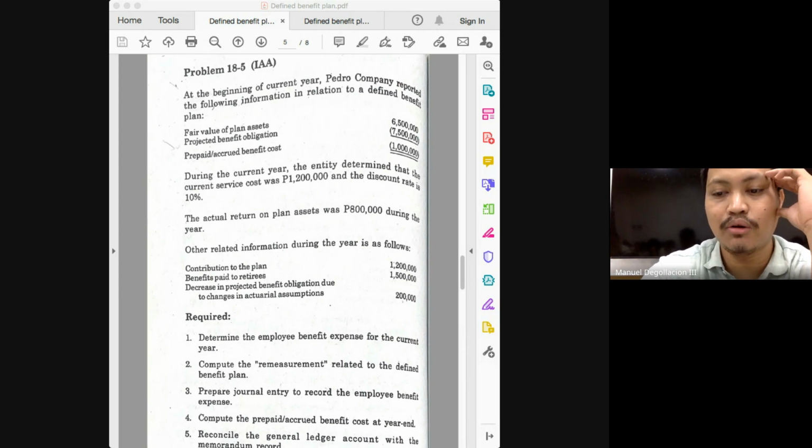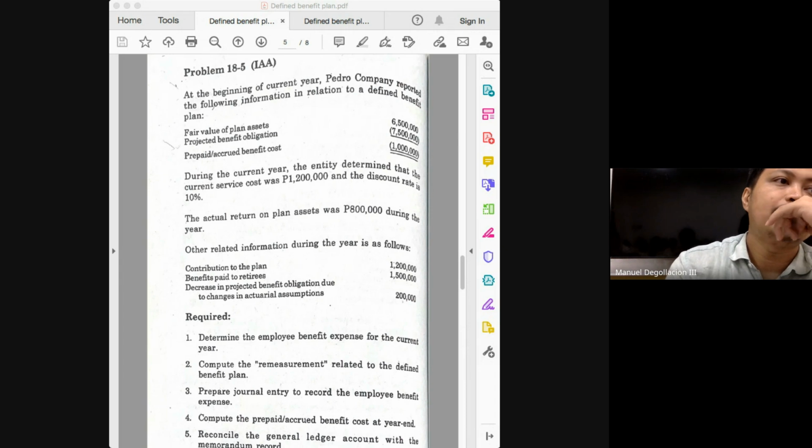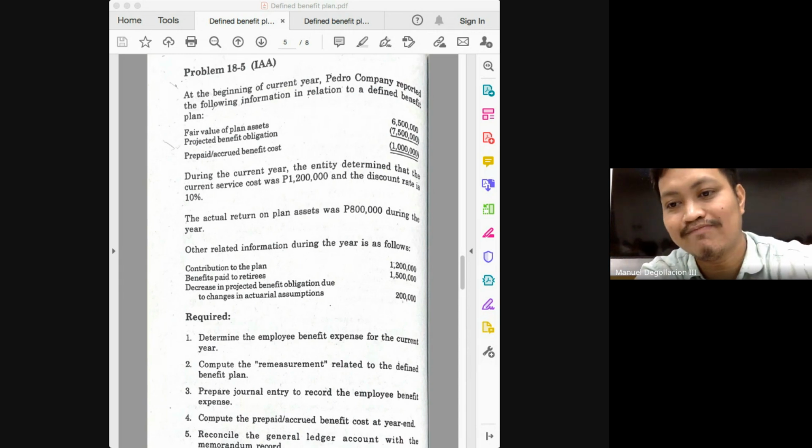Okay. But what's our alternative solution? How can we arrive at 750 from 1 million? By getting the net change. How do you get the net change, class? Total defined benefit cost minus the contributions. How much were our total defined benefit cost? 950. And then our contribution is 1 million 200.